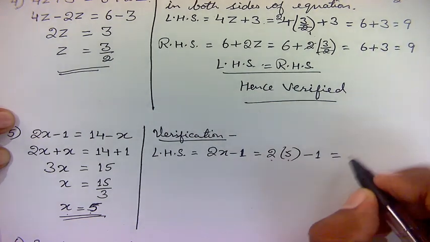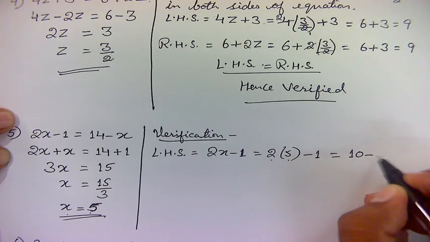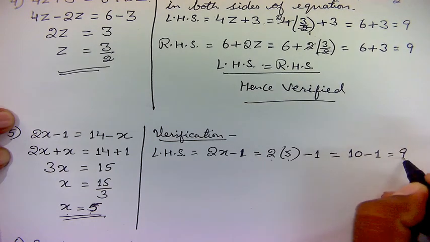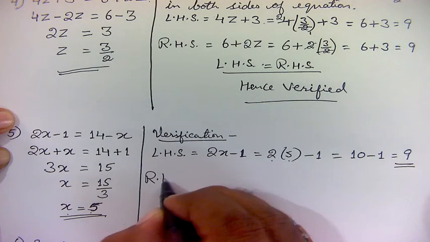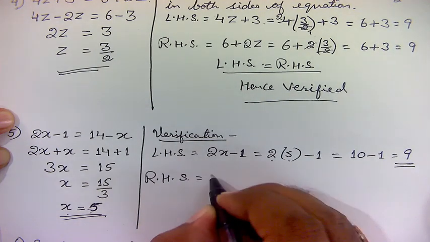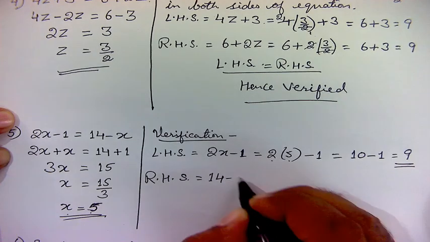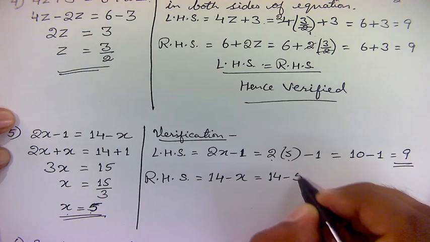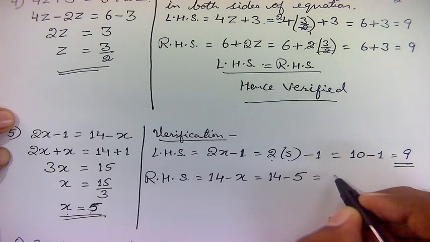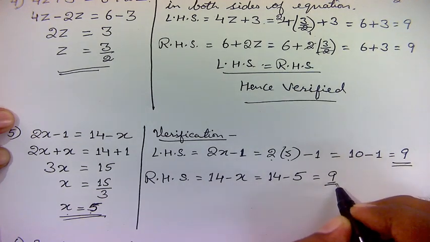Now 2 multiplied by 5 is 10 minus 1, which is equal to 9. Same way in the right hand side you have 14 minus x. So it is 14 minus 5, and 14 minus 5 is also 9.